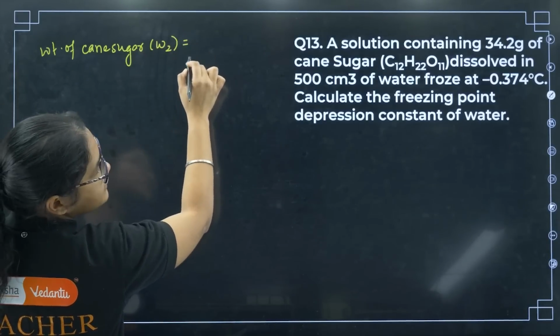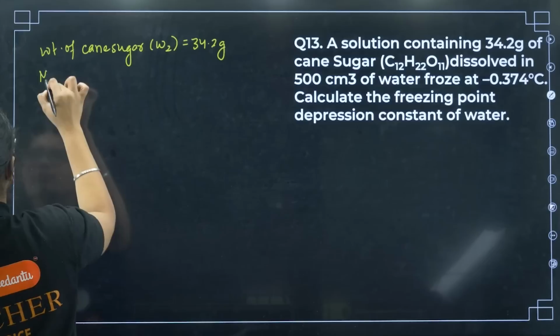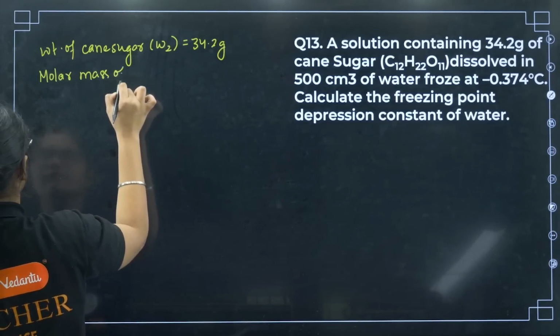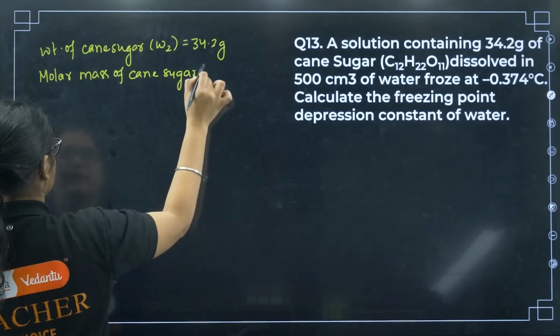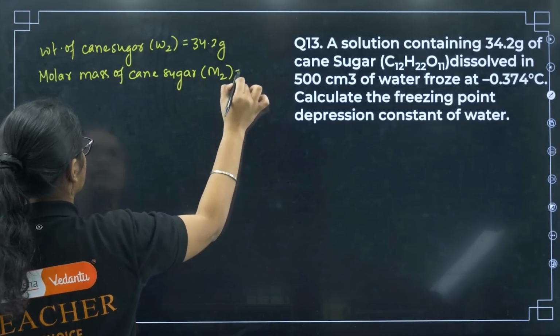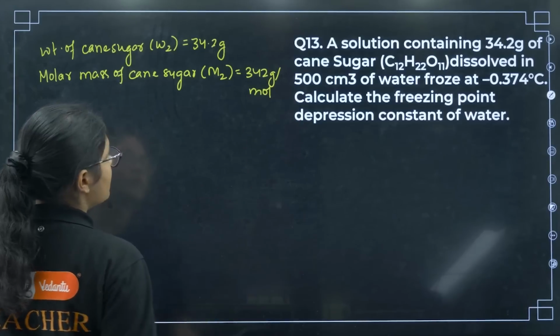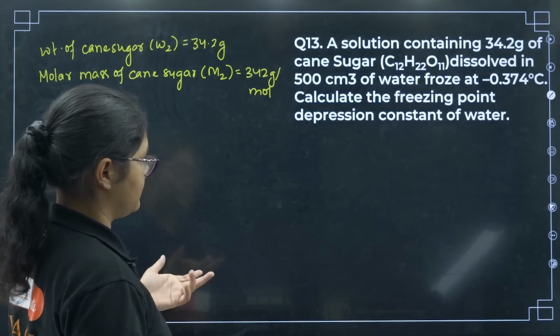How much is it? 34.2 gram. Next I have molar mass of cane sugar, I will write as M2. Let it be 342 gram per mole. Next, dissolved in 500 centimeter cube of water.